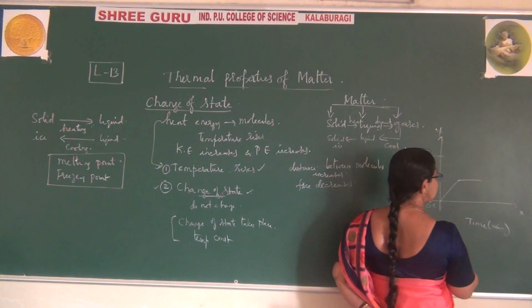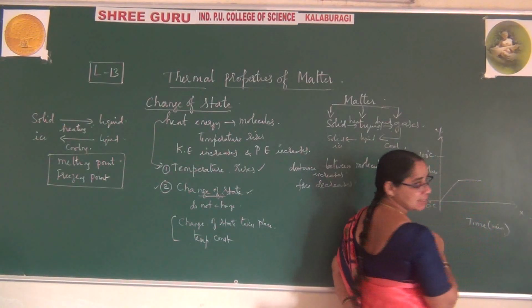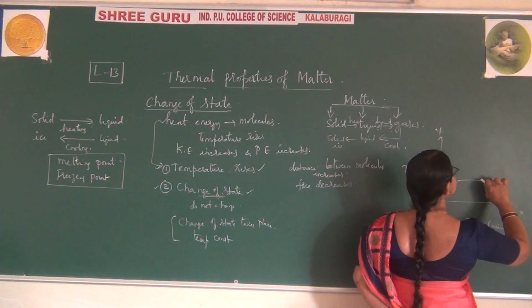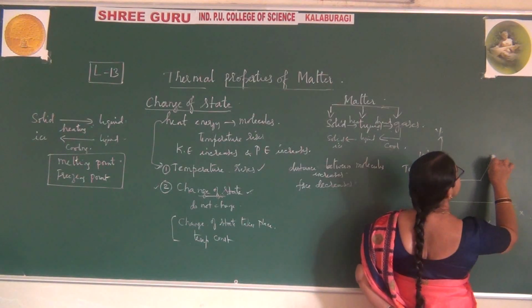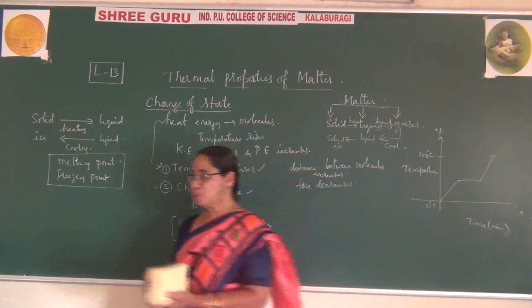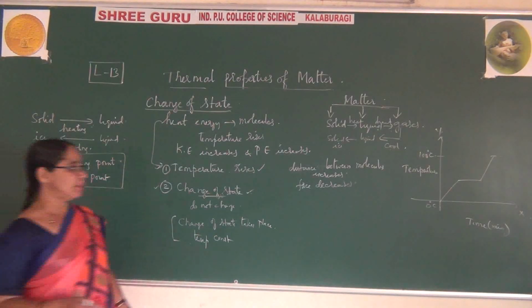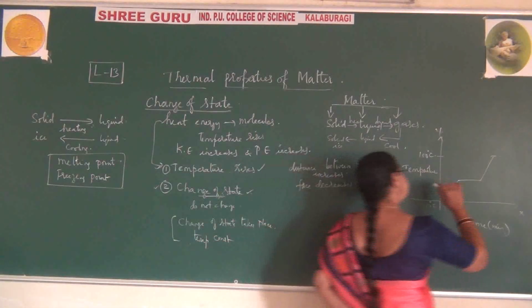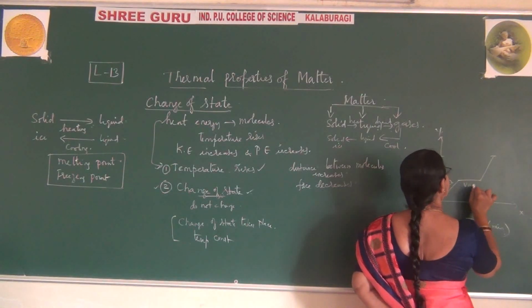When it becomes liquid, you increase the temperature again, and a change of state takes place here. Next, if you increase the temperature, it goes up to 100 degrees centigrade. From 0 degree centigrade to this position it is liquid. This is vaporization.